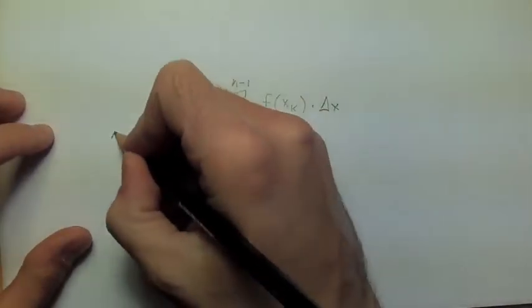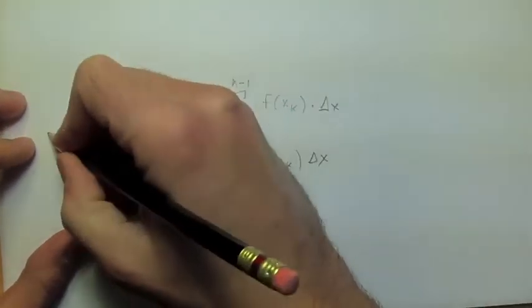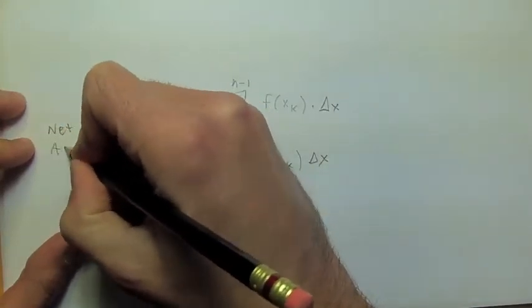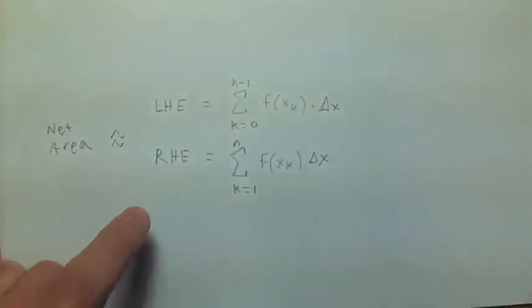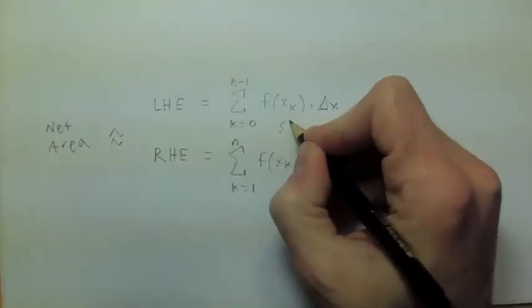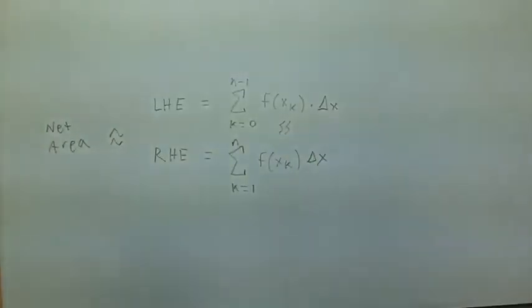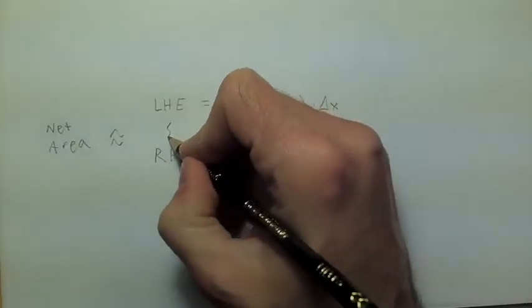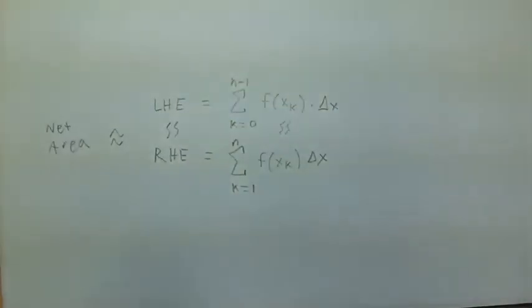And basically, what we have is the net area is approximately equal to both of these, and these are also very close to each other. These get closer and closer to each other the higher n gets. The more rectangles we use, the closer L and R get.